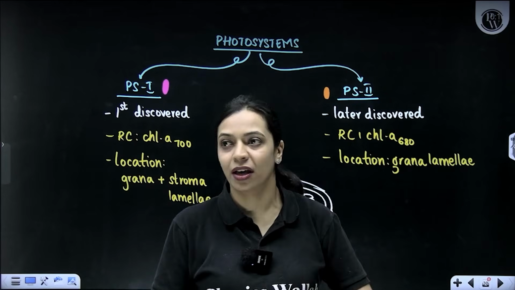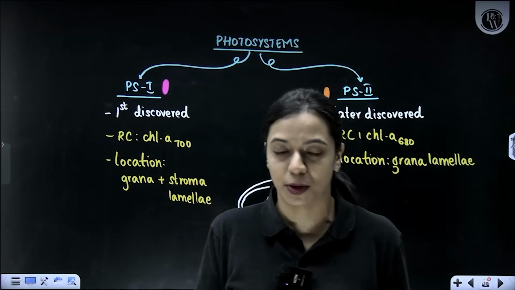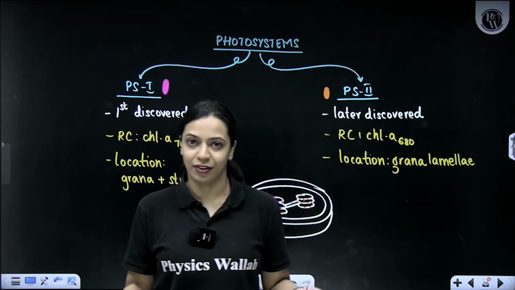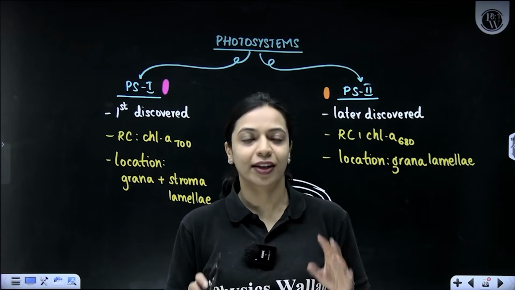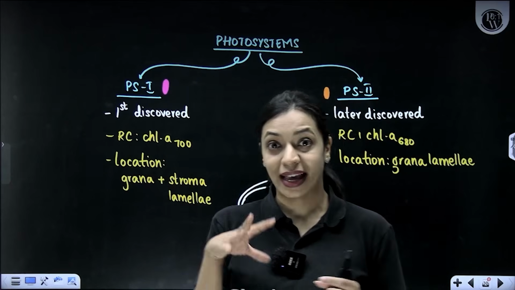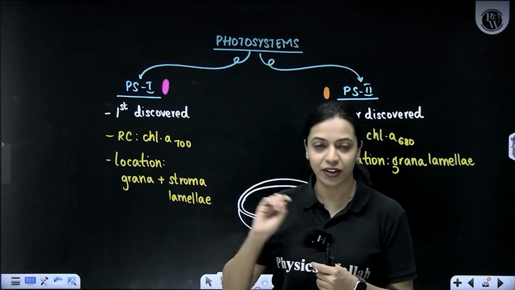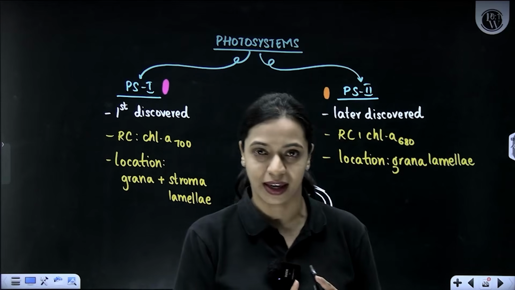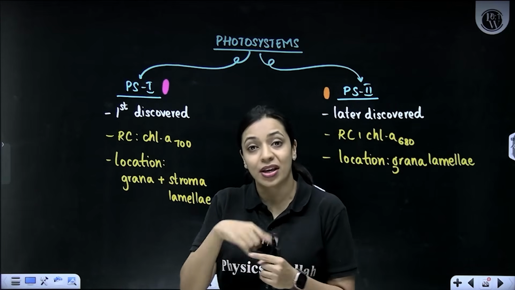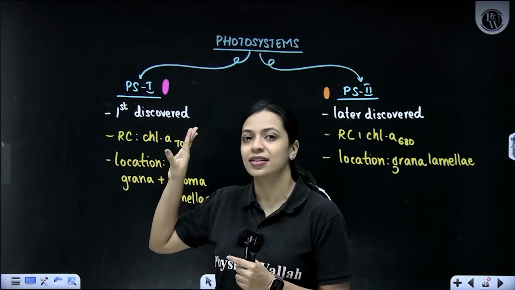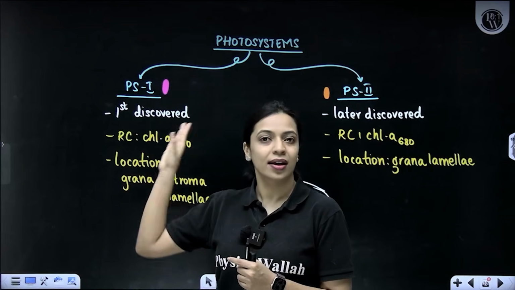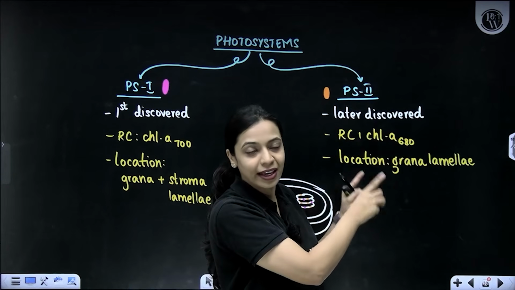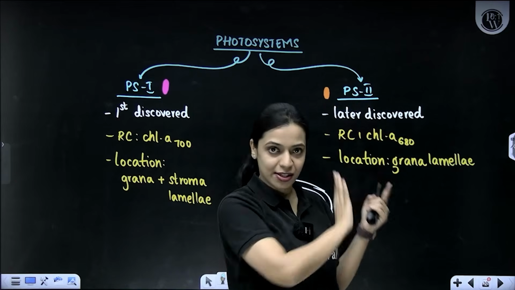Now, why are their absorption maxima different from each other if they're both the same at the molecular level? If that is your doubt, think of it like this. What wavelength this molecule can absorb depends on what proteins are present around it, okay? The kind of proteins present around chlorophyll A 700 in PS1 are not the same proteins present around the reaction center chlorophyll A 680 of PS2.